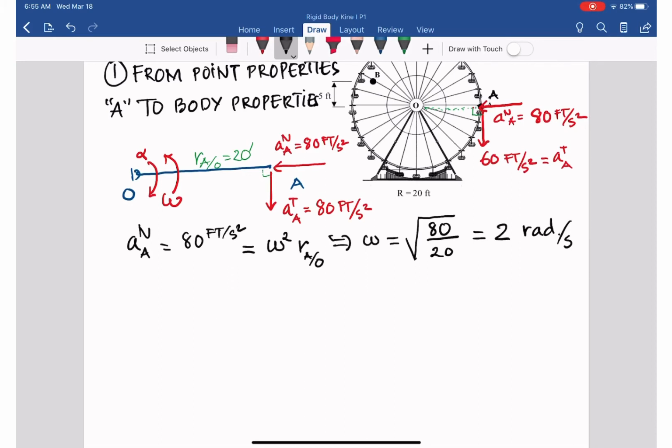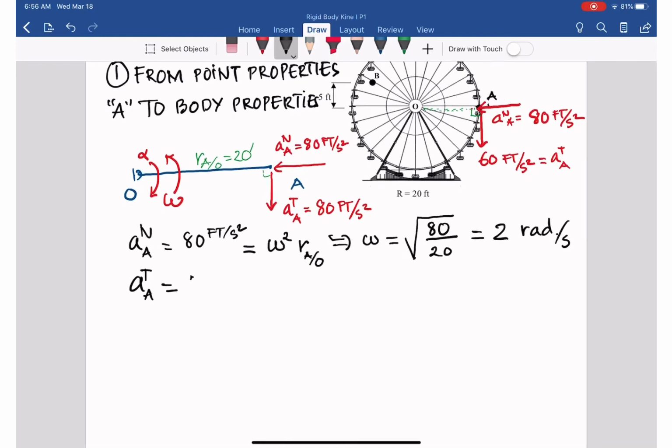And then the next is alpha, the angular acceleration, as a body property. So we start from AT. AT, if you recall, equals alpha times the radius, right? And go ahead to change that one here, 60. That is what is given over there.